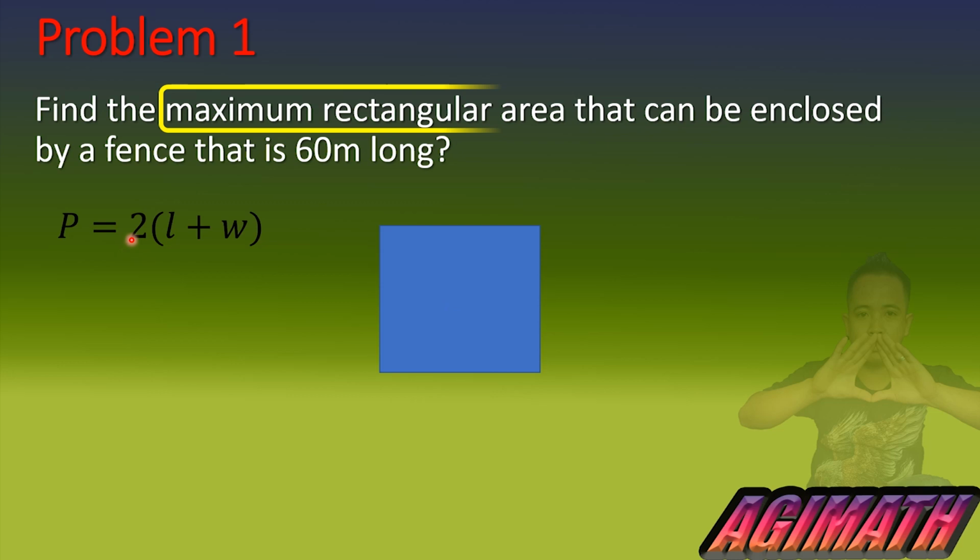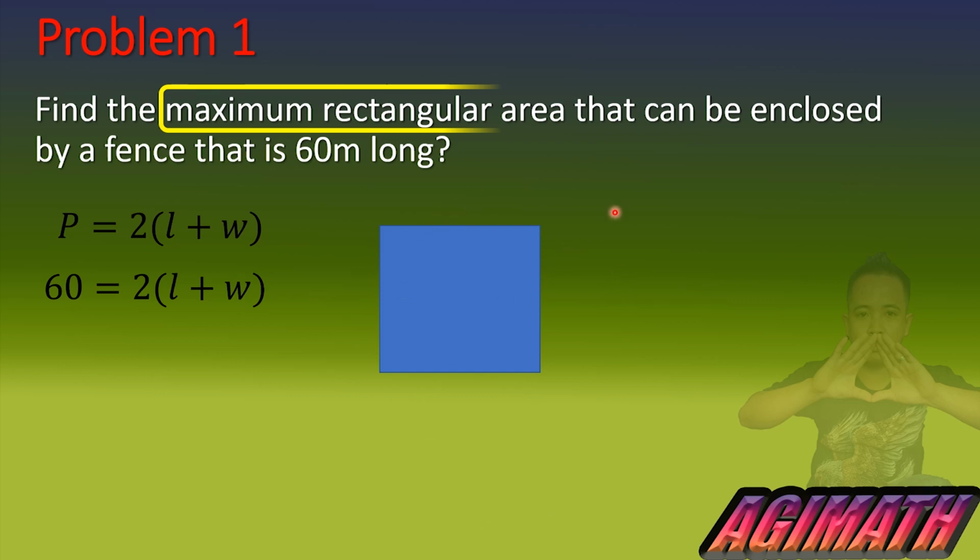So that's the perimeter. The problem is we don't know how long is the length and how wide is the width. But what we know is the perimeter, because the amount of fencing material is supposed to be the perimeter. So 60 equals 2L plus 2W. If you are given problems like this, the first step is you need a measure for the length and the width, but it will not be given.